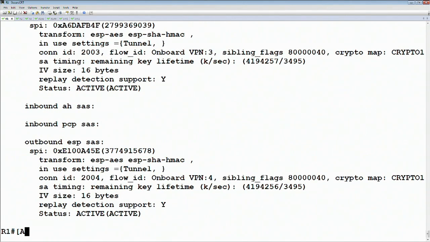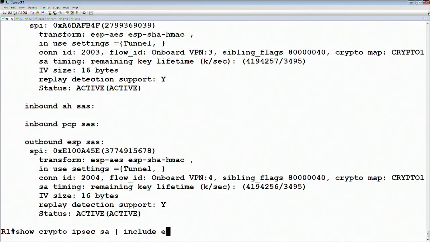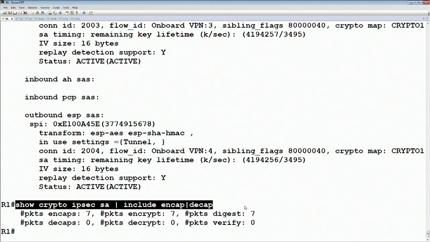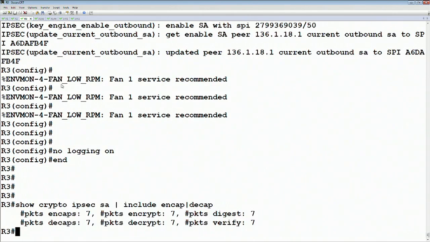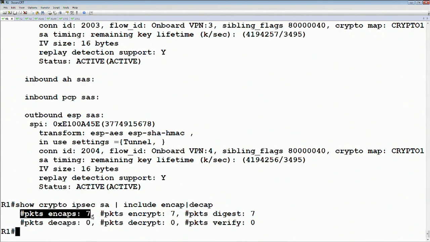So let's say show crypto ipsec sa | include, and we want to look at just the encaps and decaps. Let's say encaps | decaps. And let's look at this on both sides. Okay, it says on router 1, we encapsulated 7 packets out the tunnel.